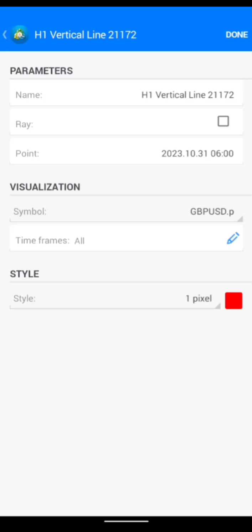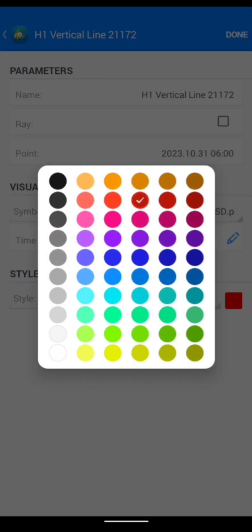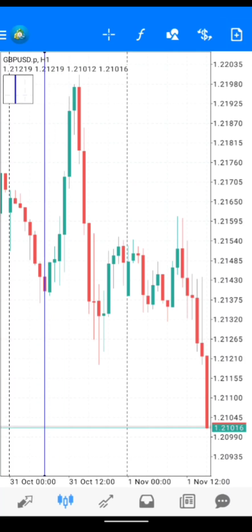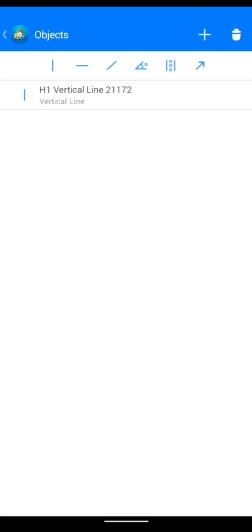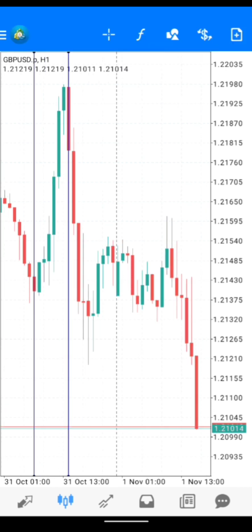Let's make it a little bit thicker, blue. So you're looking at this blue vertical line. From this blue vertical line, let me add another vertical line here to just show you what I'm talking about.